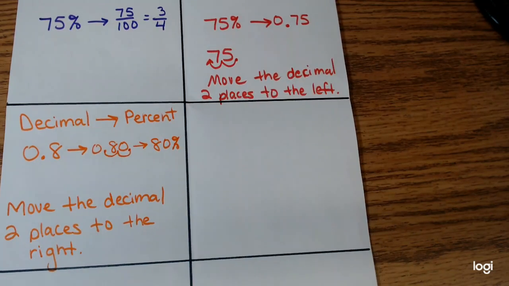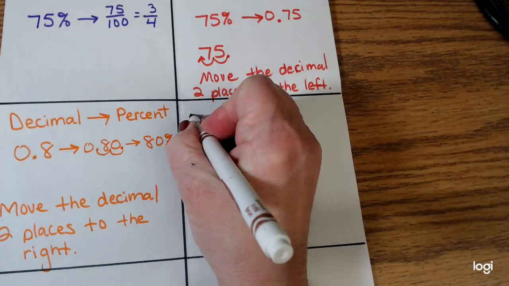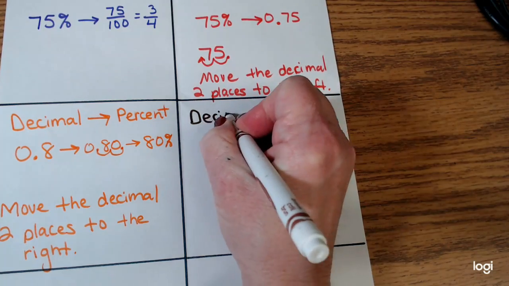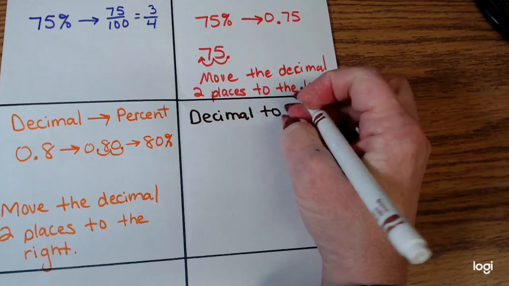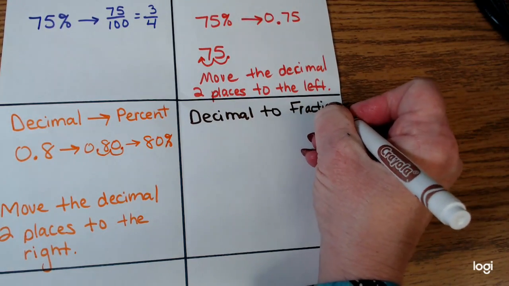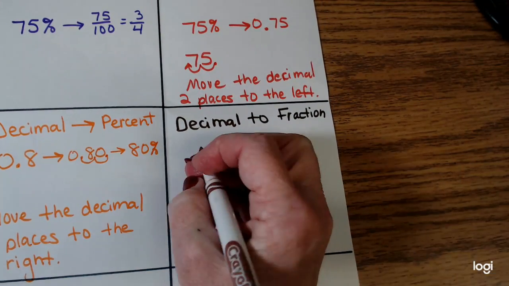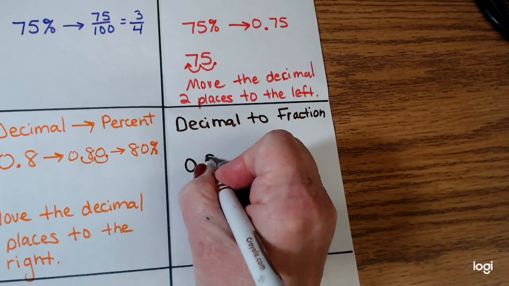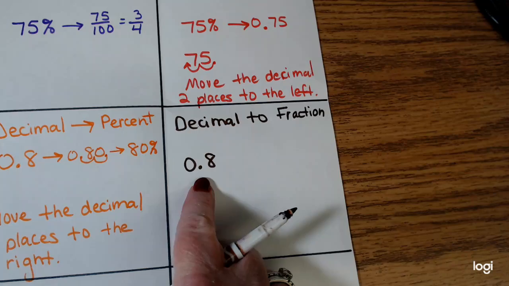Our next box here says we're going to move from a decimal, oh, I wrote 2 instead of my arrow. Oh well, we'll say 2 fraction. We're going to move from a decimal to a fraction. Here's my decimal. Can you read the decimal?